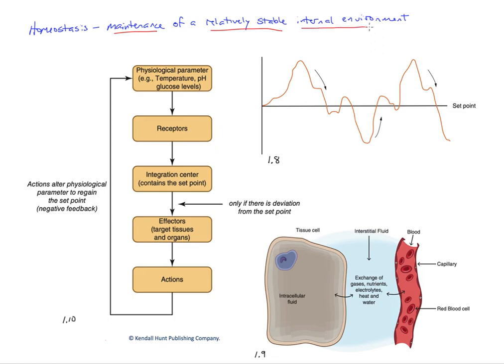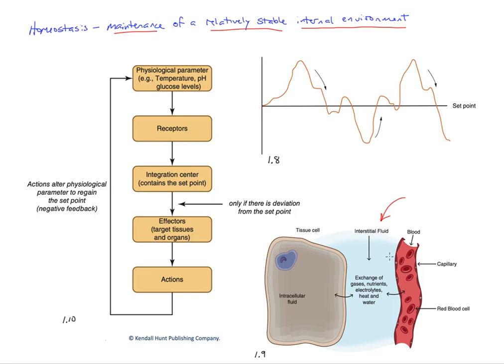And an internal environment, right? So the internal environment of the body. And as we describe it, the internal environment is the environment regulated in order for cells to survive. And so in our definition, the internal environment, if we come down to here to figure 1.9, is this interstitial space, which of course contains interstitial fluid.